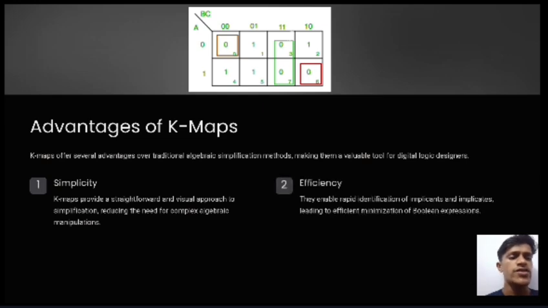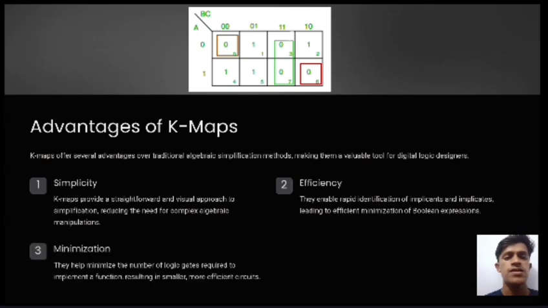Second, efficiency. They enable rapid identification of implicants and implicates, leading to efficient minimization of Boolean expressions. Third, minimization. They help minimize the number of logic gates required to implement a function, resulting in smaller, more efficient circuits.